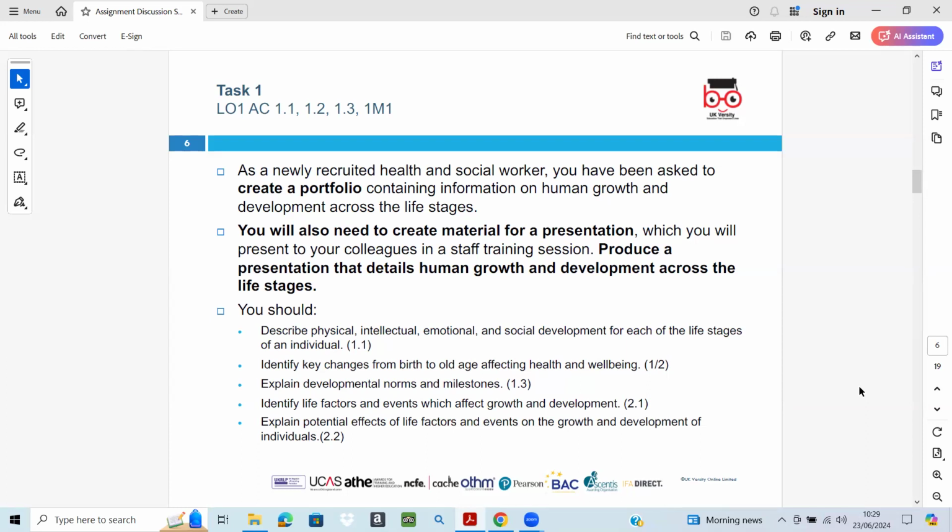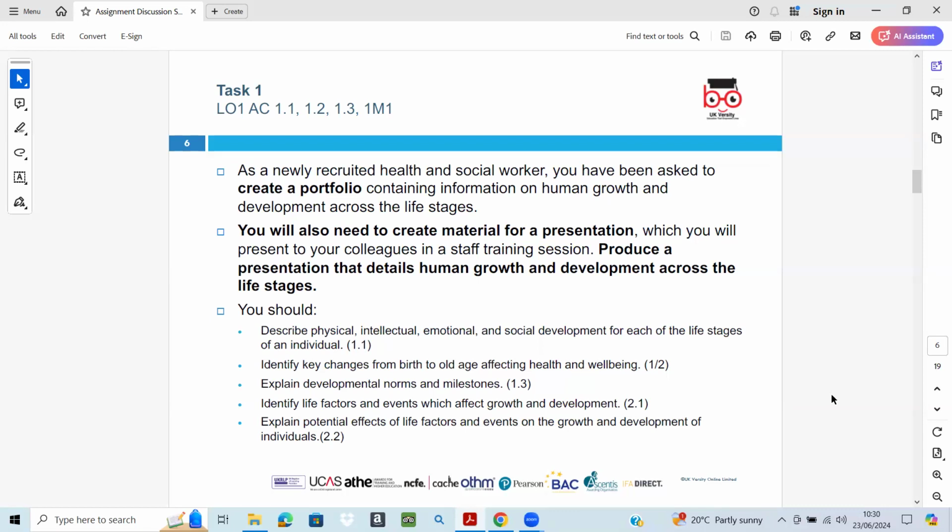individual's developmental process. And in the end, we have the assessment criteria 2.2 as well, which is explain potential effects of life factors and events on individual growth and development.